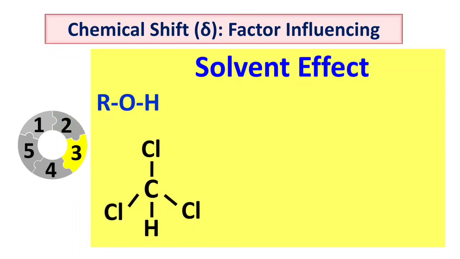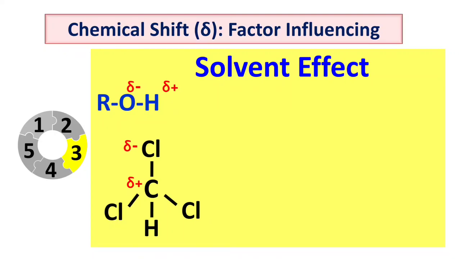Let's discuss the third factor, solvent effect. Now in this case ROH is alcohol, and this is our sample, and CDCl3 is our solvent. You can see that the alcohol and CDCl3 are both polar molecules. Oxygen in the alcohol carries a partial negative charge, whereas hydrogen has a partial positive charge. CDCl3 is also a polar molecule.